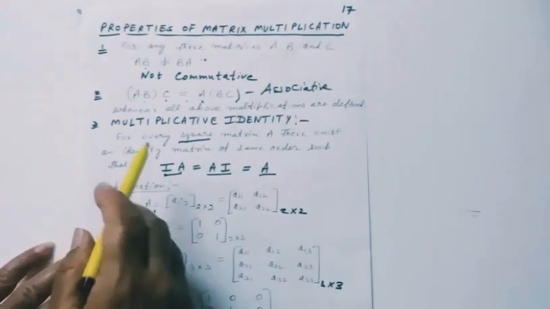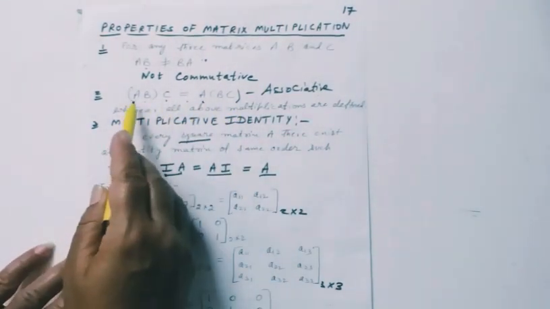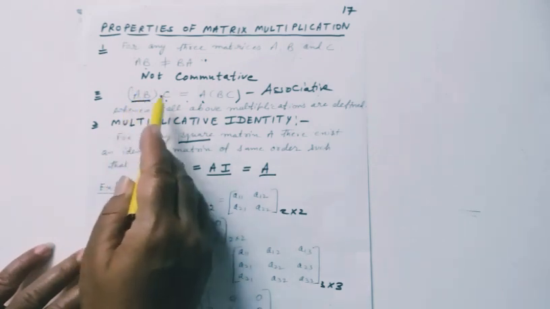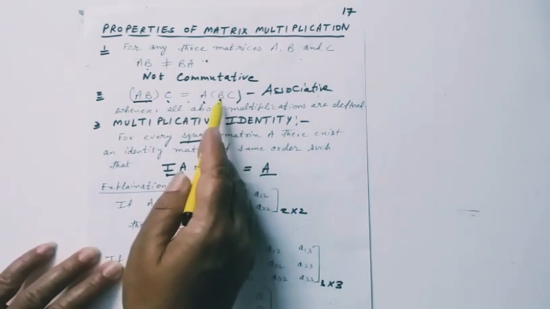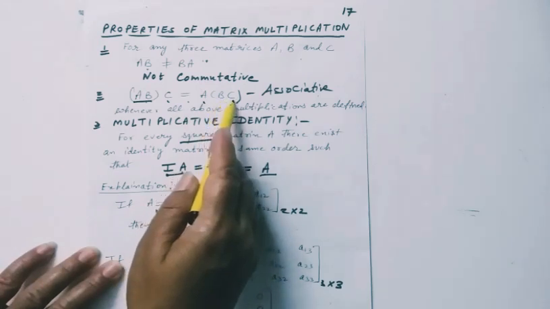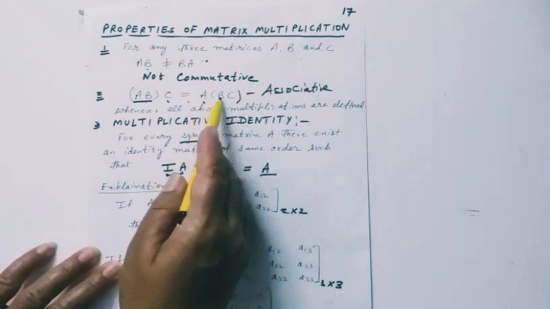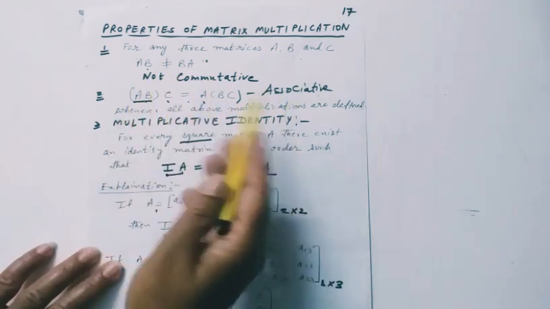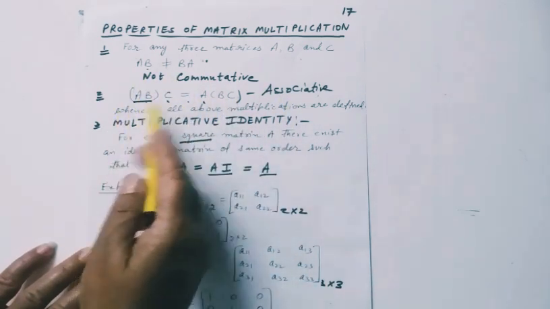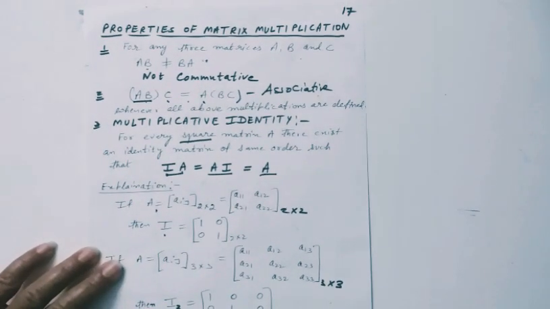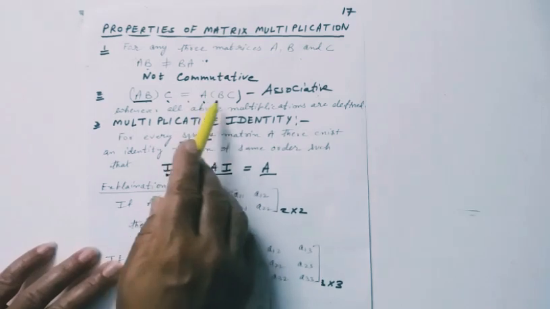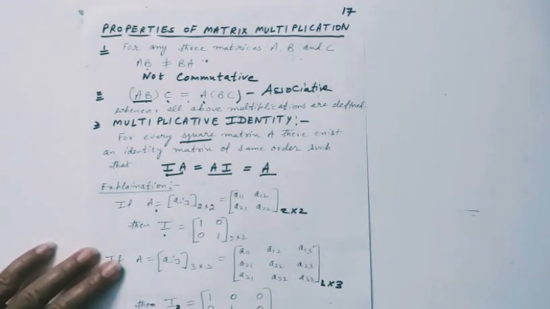If you have three matrices A, B and C, you multiply AB and then multiply this product with C, or you get the product BC and then multiply A with this product in this order only, and it is a condition that all these products should be defined. If all the products are defined, then (AB) into C is the same as A into (BC), that is, matrix multiplication is associative.